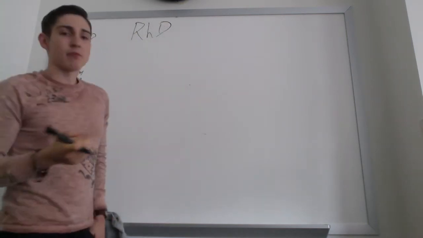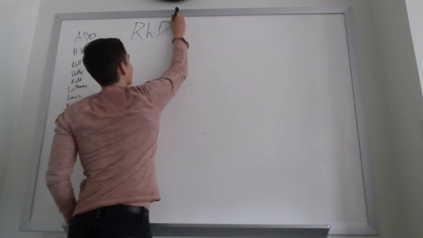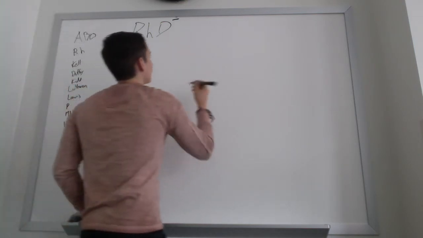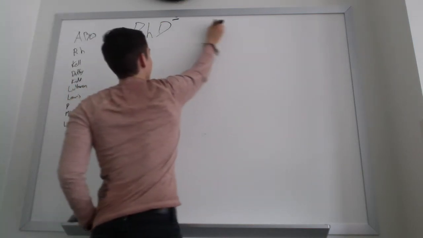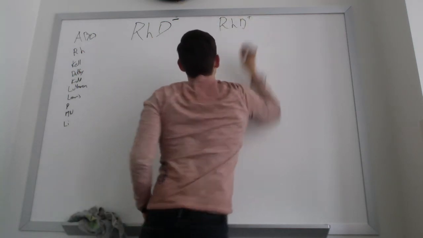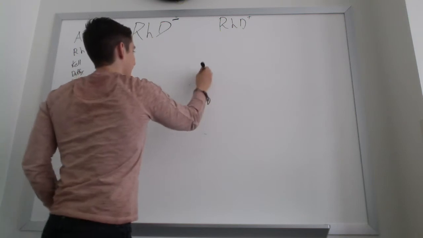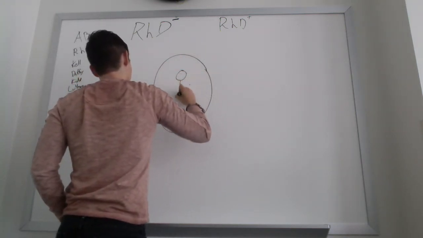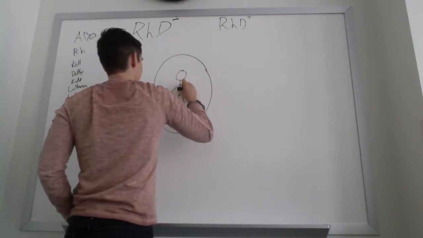Say you have a mom that is RhD negative. If it's RhD negative, she does not have the antigen for RhD. And if the father is RhD positive, when the mom becomes pregnant, the infant can also be RhD positive.